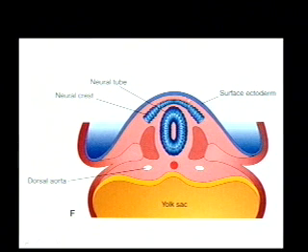So many of these cells that had been part of this layer up here have now detached, and they have also detached from the neural tube. The neural folds would have fused here dorsally.